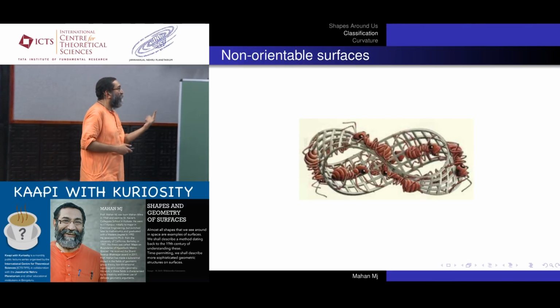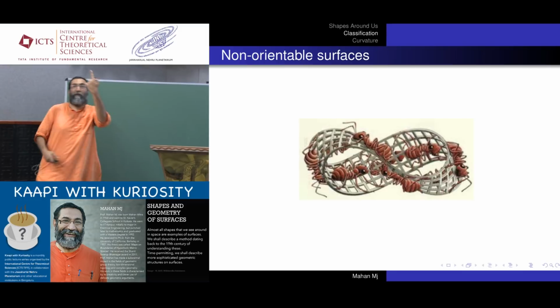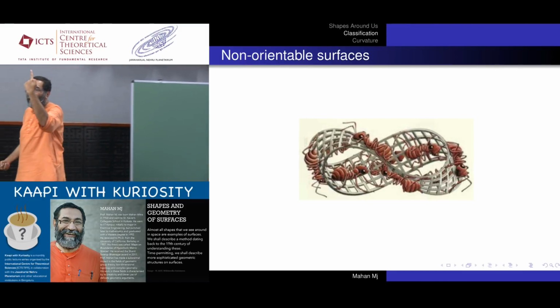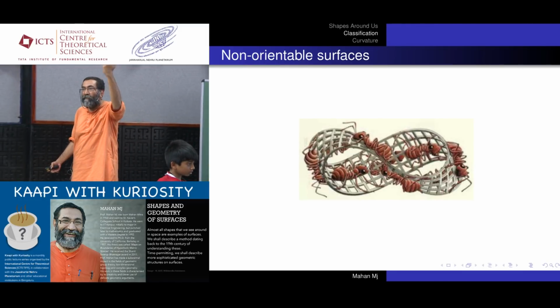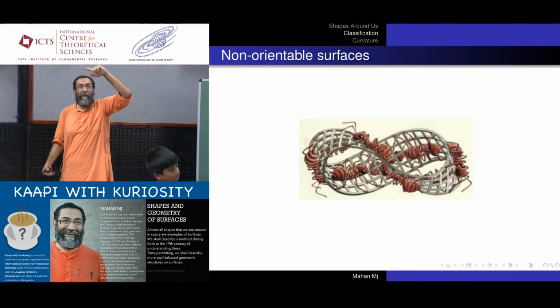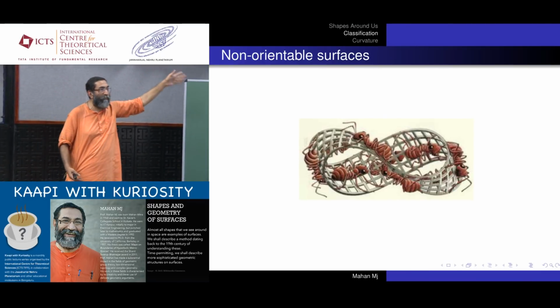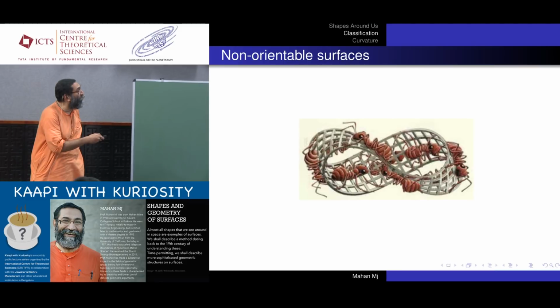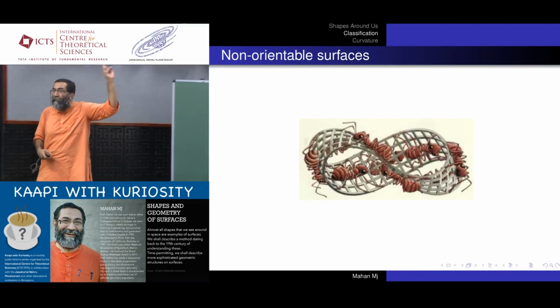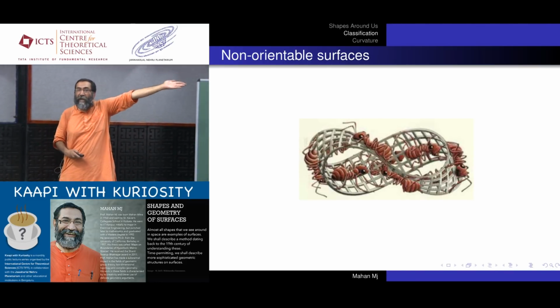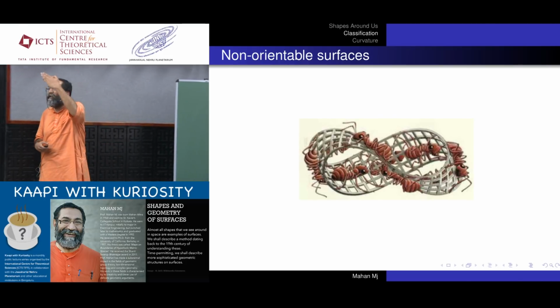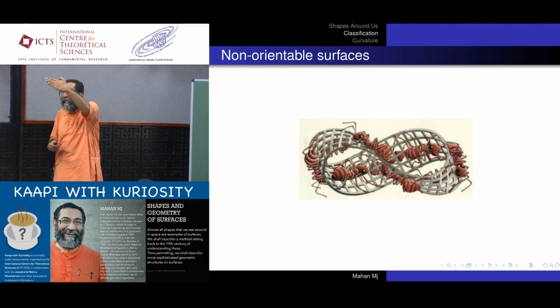So, which means what? You started off at a point, you made a choice of one direction, called it outside, and then you went around the loop, around the surface, and you came back to your original position. Remember that this gadget, the Mobius strip, is really a two-dimensional object that we are looking at. Yeah?